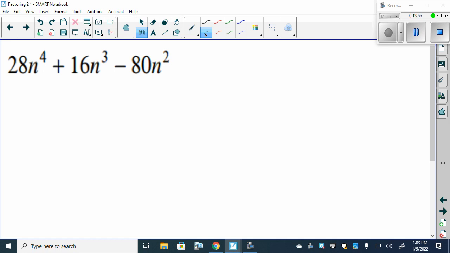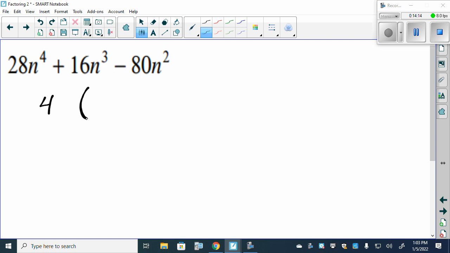Looking at this problem here, is there a greatest common factor between these three terms? 4. Because 8 does work with 16 and 80, but it unfortunately doesn't work with 28. 4 does work with all three.